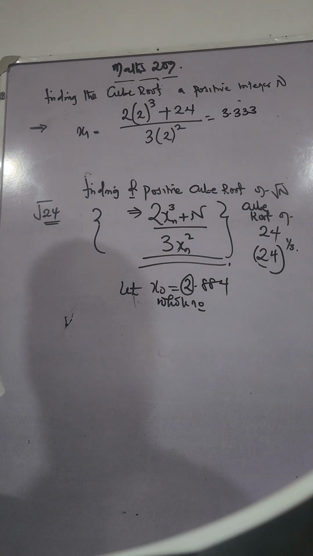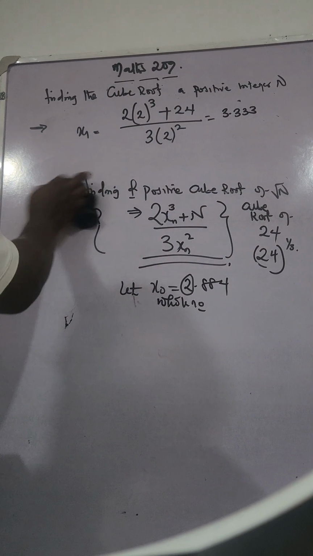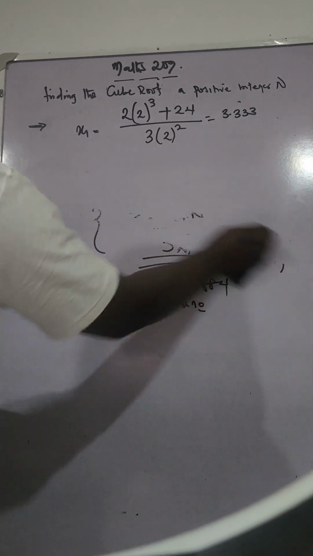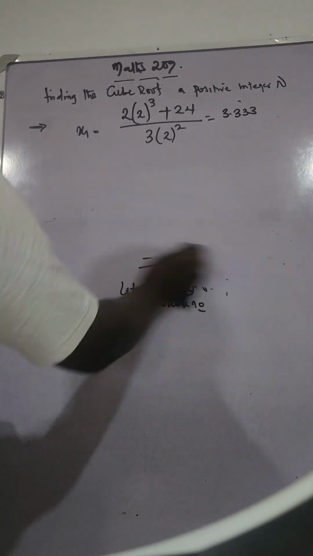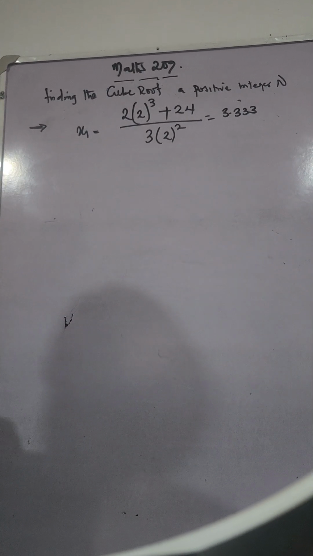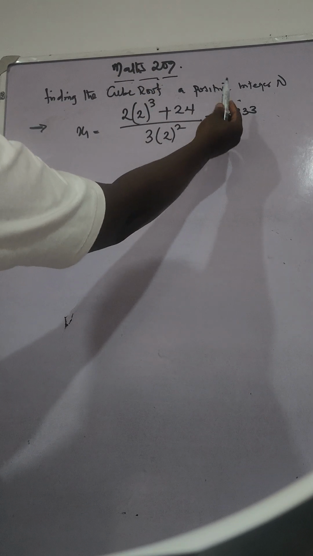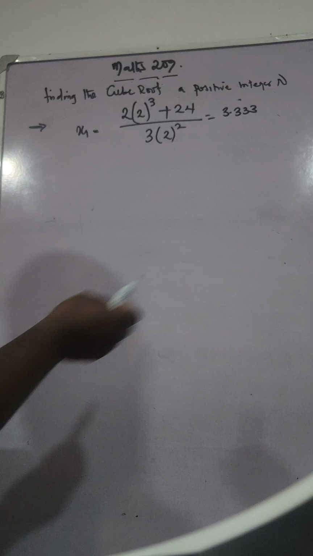Okay, so having said that, sorry, not square root of 24, cube root of 24. Cube root of 24 is 2.88, whatever it is.